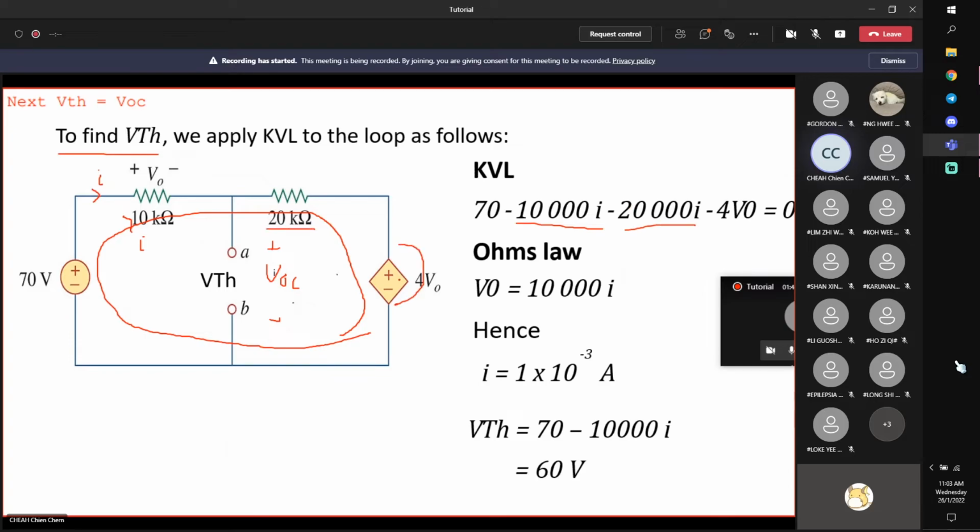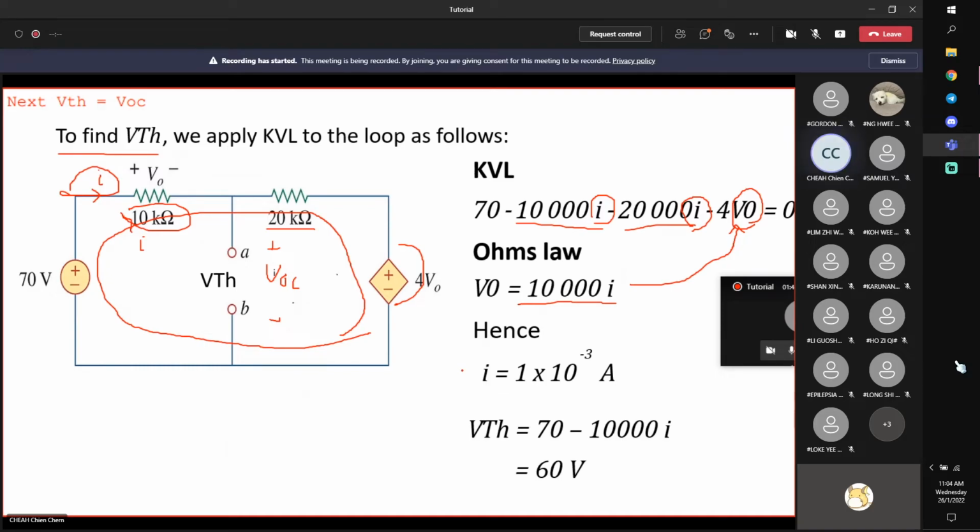Here to here there's a drop, positive to negative, put negative, equals 0. This is not in terms of the mesh current, but you can go back to V0 and check. V0 is just 10 kilo ohms multiplied by I, which means that you can express it in terms of I, then put it back into here. There's only I. You can solve for it directly. It's 1 milliampere.